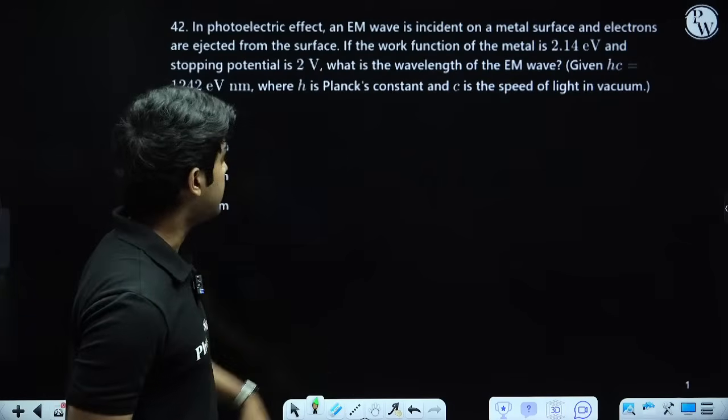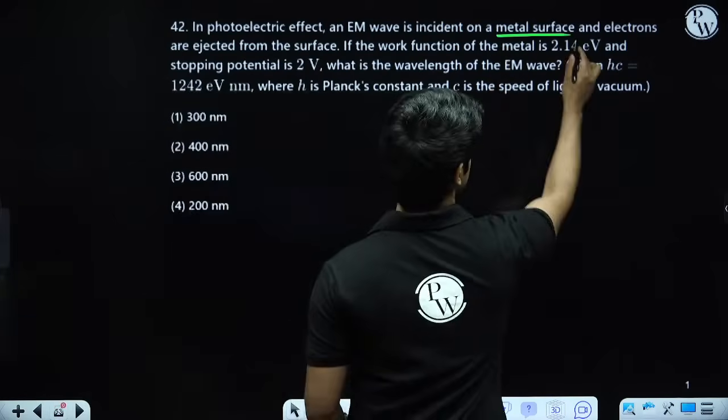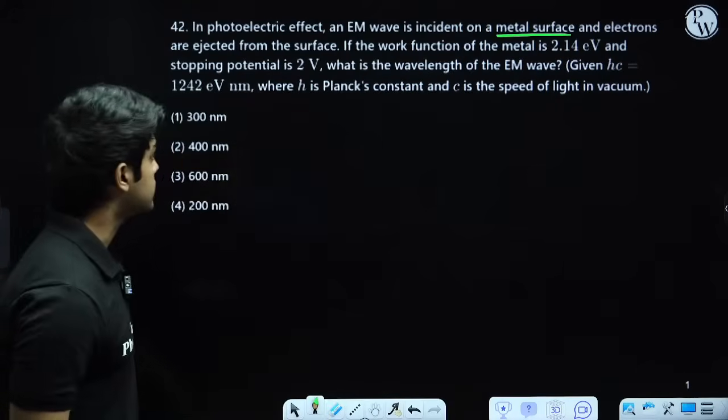Photoelectric effect: an EM wave is incident on a metal surface and electrons are ejected from the surface.